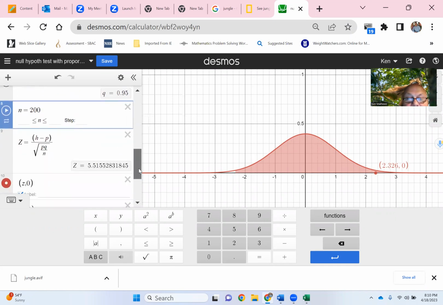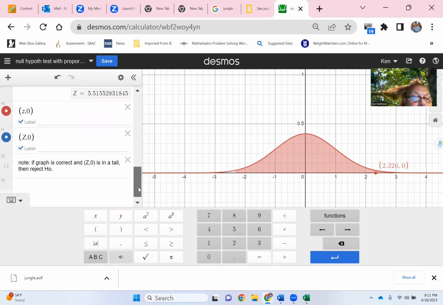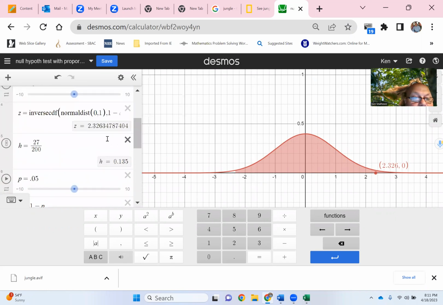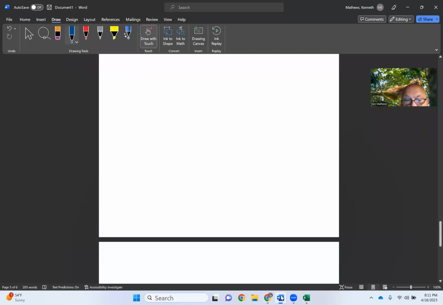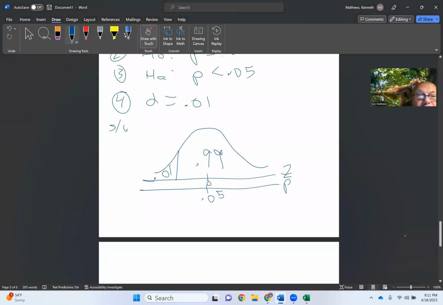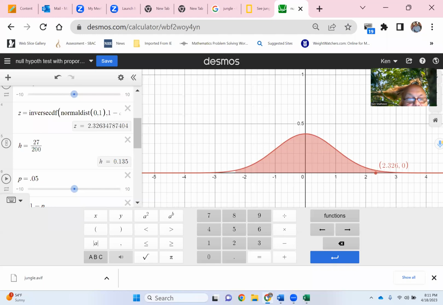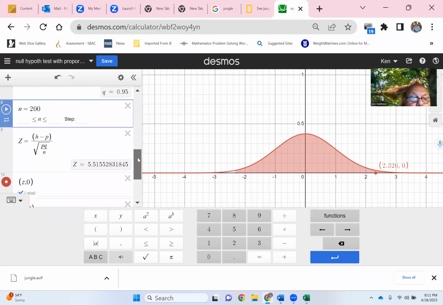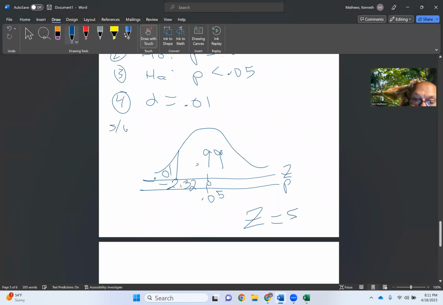So our z statistic is 5.5. All right. So our critical z value is 2.32, but it's really negative 2.32. And the z value we calculated from p hat is equal to 5.5.